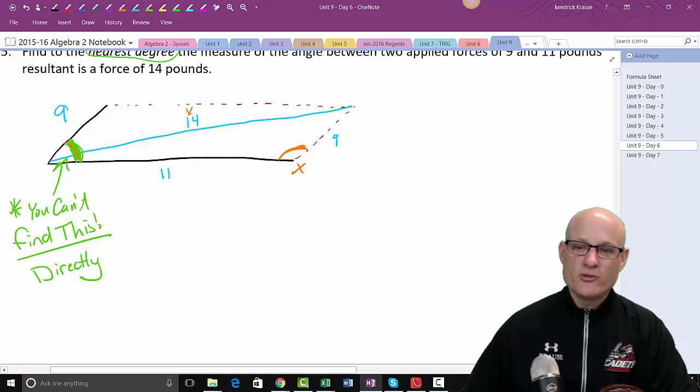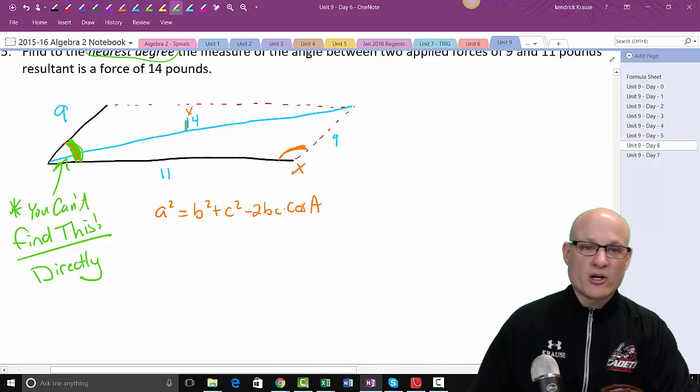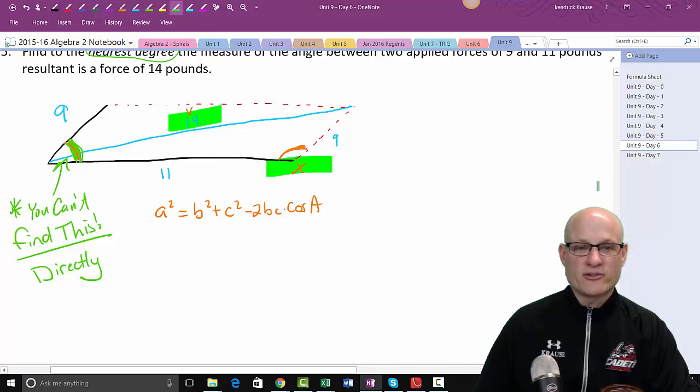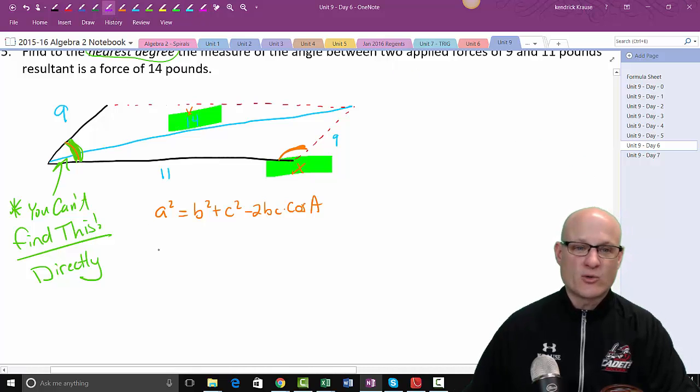All right, so we're going to use our formula. Our formula is a squared equals b squared plus c squared minus 2 times b times c times the cosine of A. A, or x, or whatever you call it, are the two things that are opposite of each other, so those two go opposite in the equation.